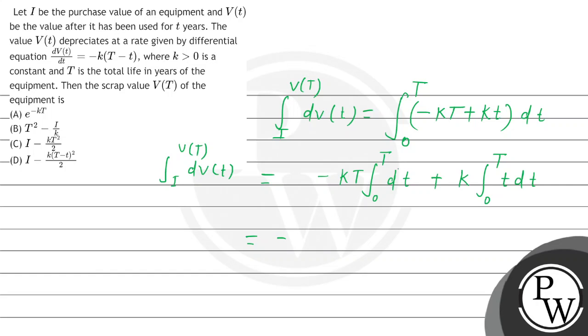Now we know the integration of a constant will always give t, so kT times t, and now we'll put in the limits, plus k.